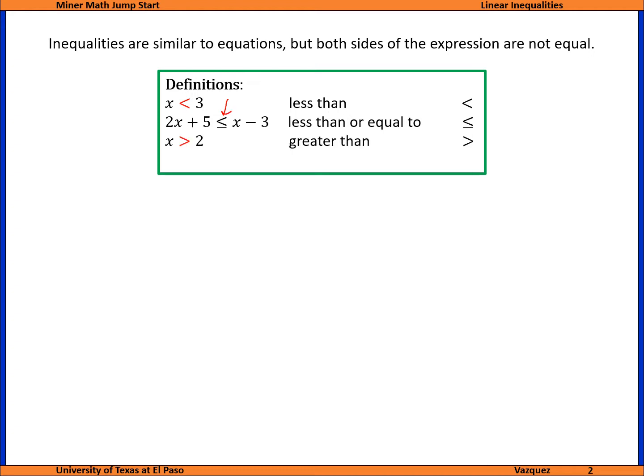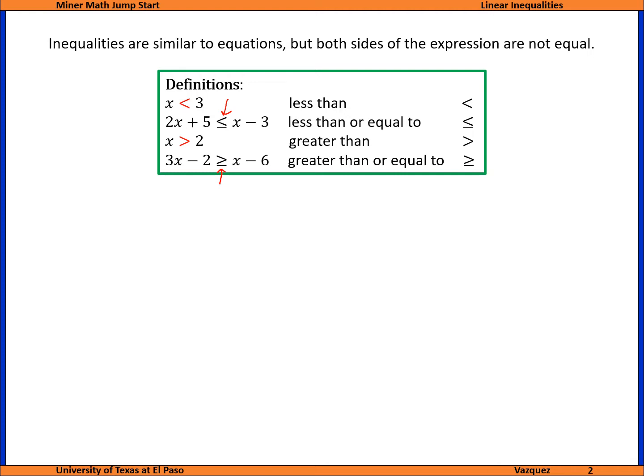Next one is greater than. x is greater than 2. And our other one is greater than or equal to, right here. So there we would read it as 3x minus 2 is greater than or equal to x minus 6. So that's what that looks like.